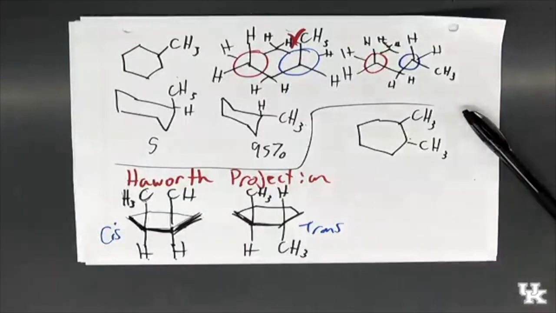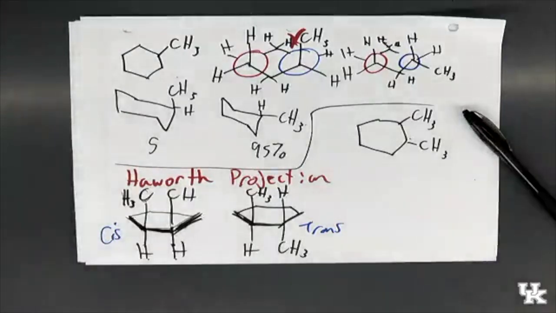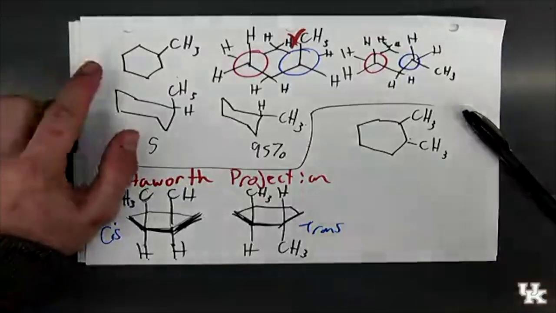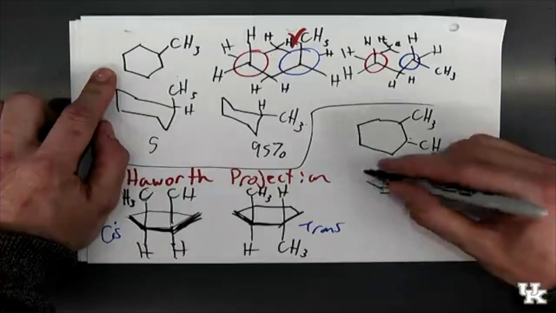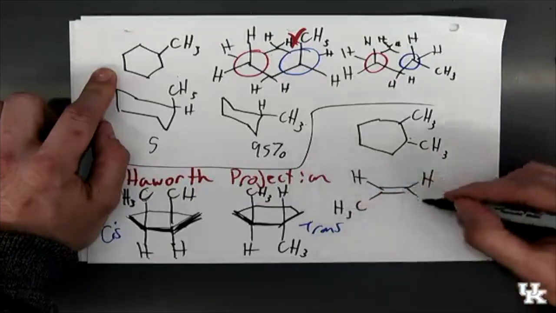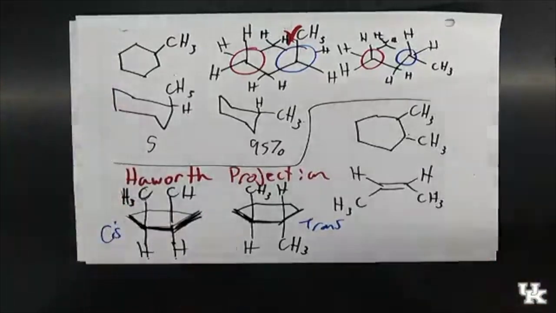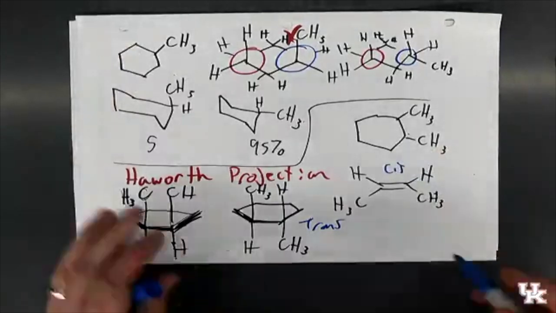Coincidentally, this is not the only type of cis and trans isomers that we have in chemistry. In fact, when you talk about double bonds, which we will do closer to the end of this semester, or even, I guess, later on this week or next week, or soon anyway, you have alkenes that can be cis and trans as well. Where this isomer here would be cis because they're both on the same side.